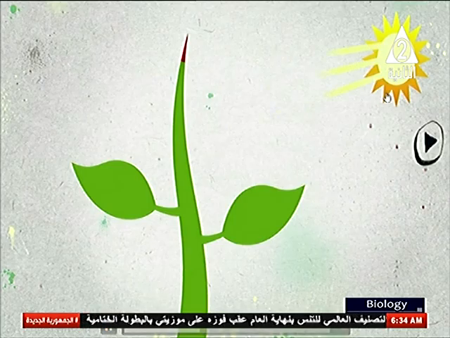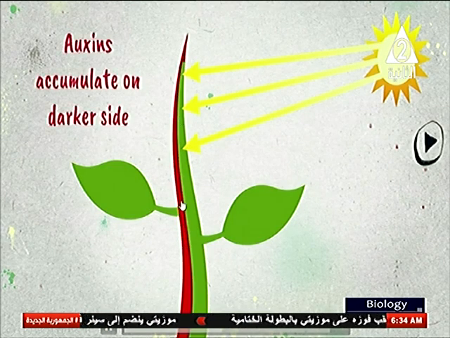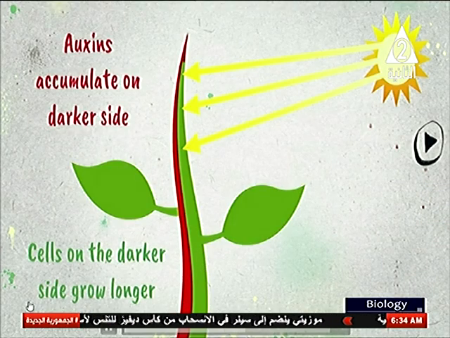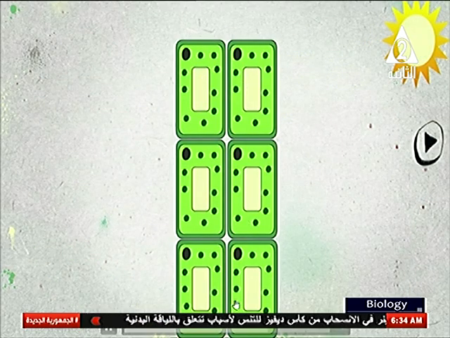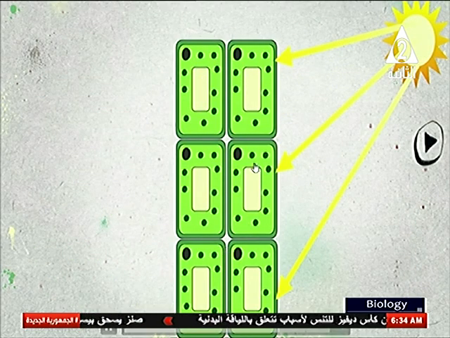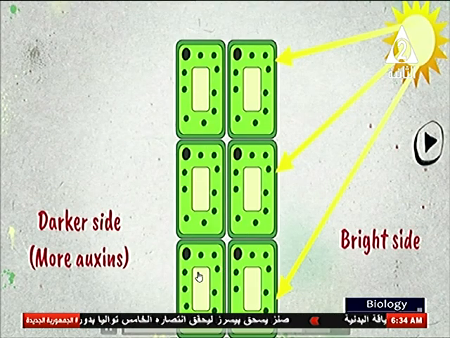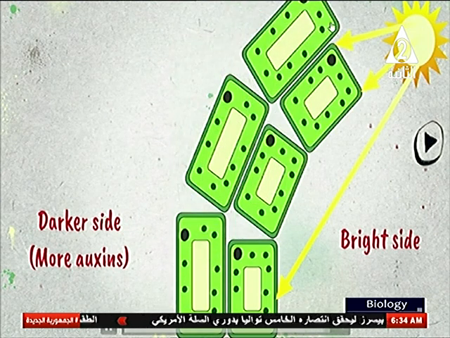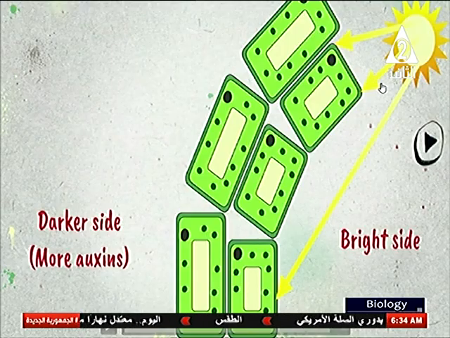Cells in the dark side grow longer, so the stem bends toward the light, as you see here. Auxins escape from these cells to the cells in the darker side, so the cells there have more auxins and more elongation, so the stem bends toward the light, which we call positive phototropism.